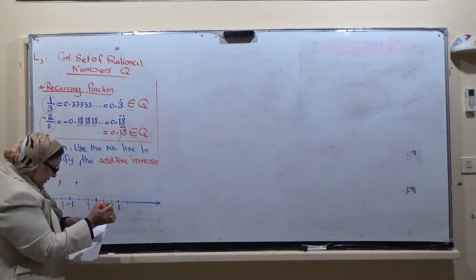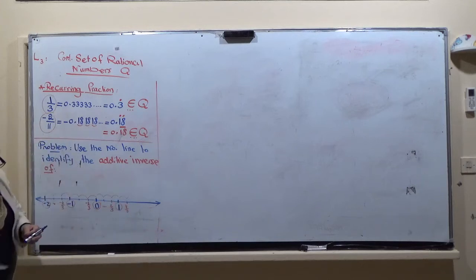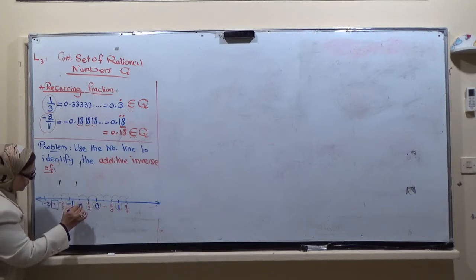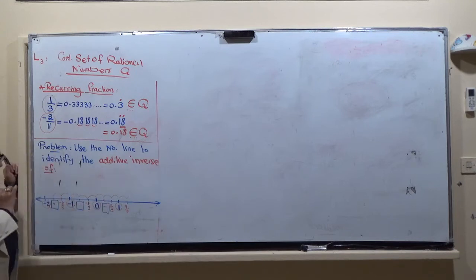This is 1, and this is 4 over 3. I need to find this, and this, and this. How can we find them? The denominator, all of it is over 3.